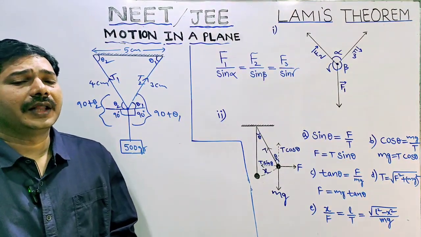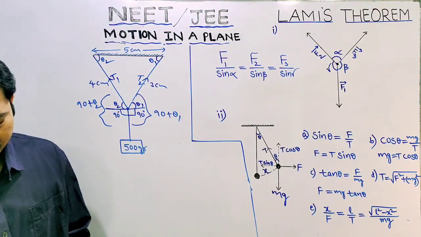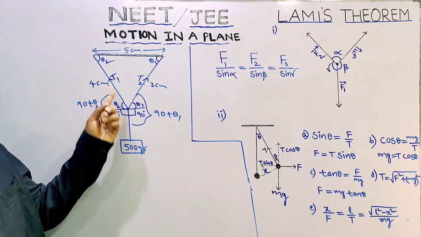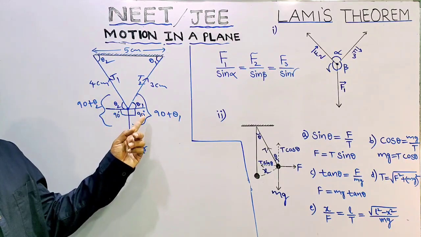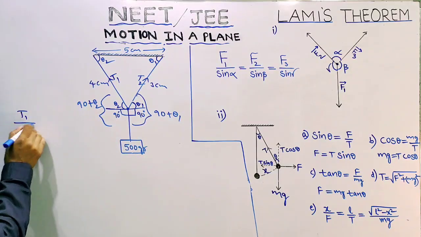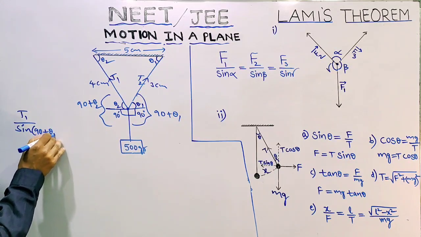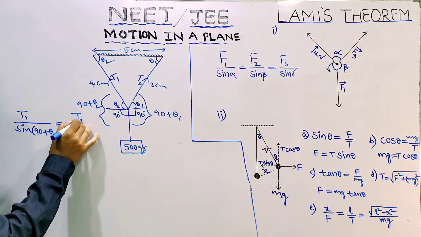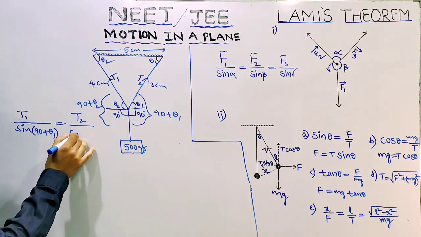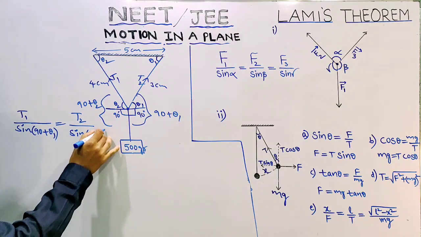Here the ratio of the longer string to shorter string they are asking. So by Lami's theorem, we apply: T1 by sine of 90 plus theta 1, and T2 equal to the same, sine of 90 plus theta 2.